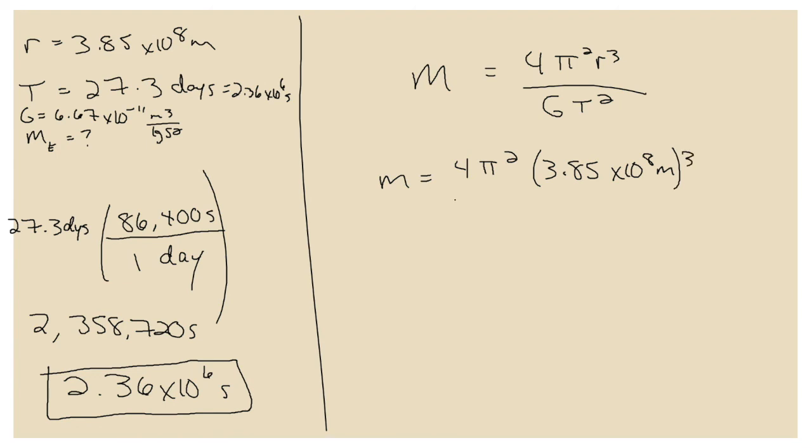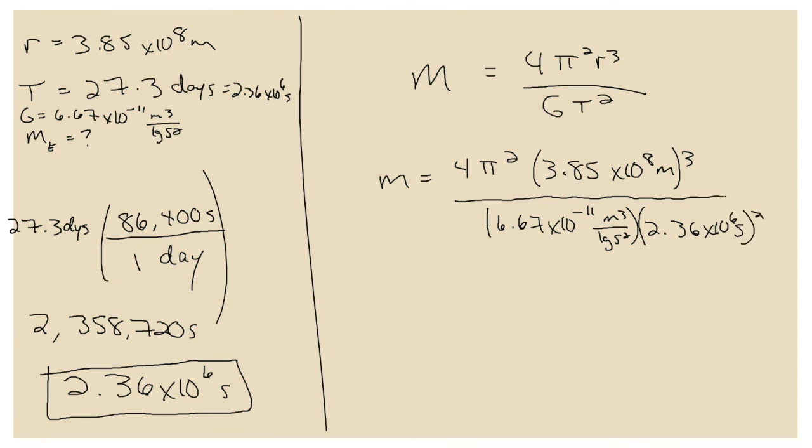We're going to cube that whole thing. And then we're going to divide that by the product of G, 6.67 times 10 to the negative 11 meters cubed per kilogram second squared, times T squared. And we said our period here is 2.36 times 10 to the 6 seconds. We're going to square that.